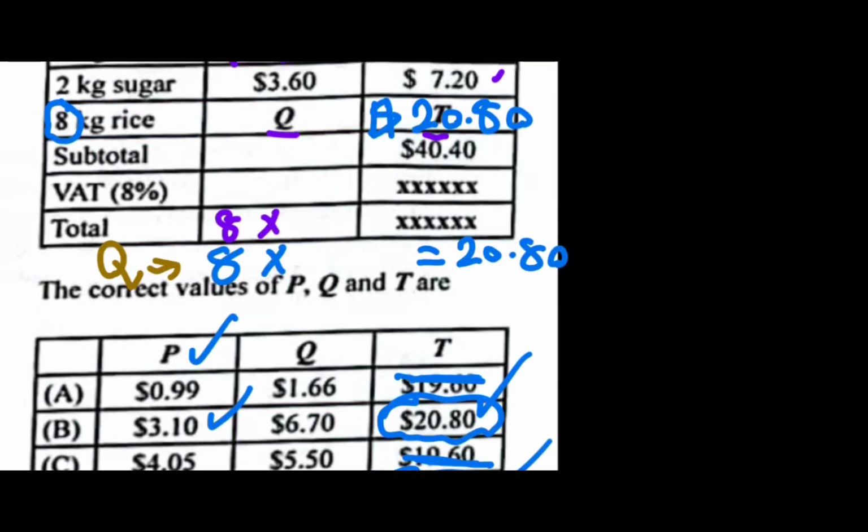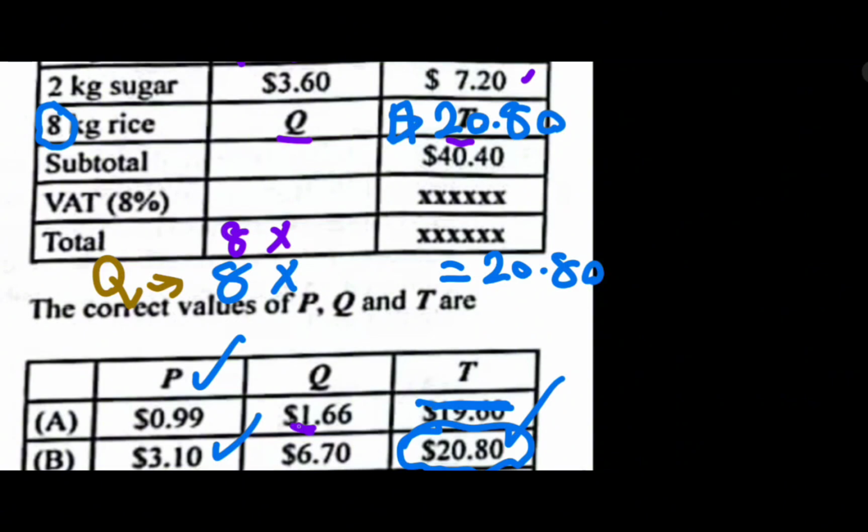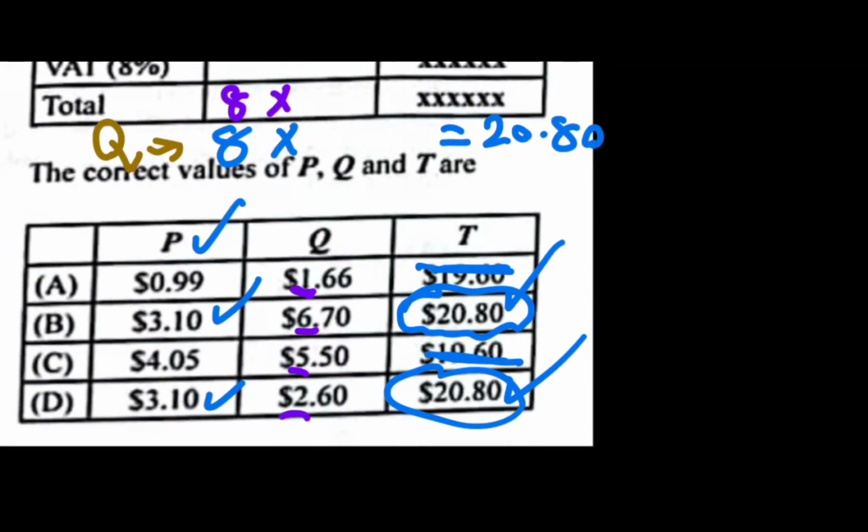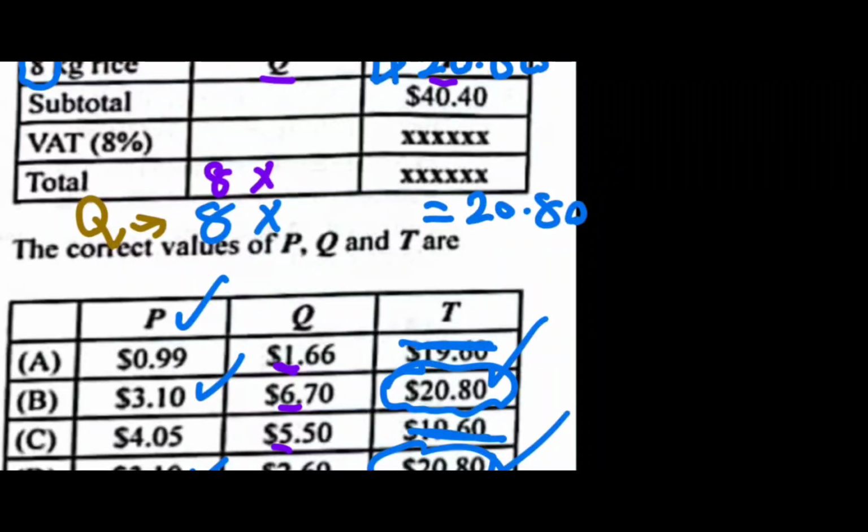So we need to have 8 multiplied by 1, 6, 5, or 2 to see if we're going to get 20 point something. Let's put in the values: 1, 6, 5, and then 2. What I'm trying to do is find a rough estimate to see how close I can get to 20.